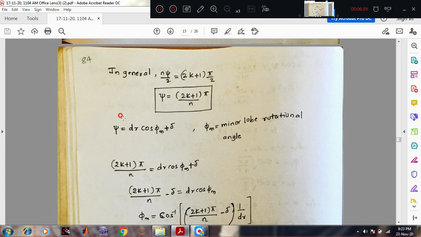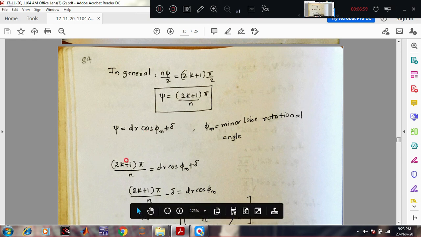Therefore ψ is equal to dr cos φm plus δ, where φm is the minor lobe rotational angle, right? Still we can have a general solution of this one. So equate this, where ψ is there, just substitute this quantity.